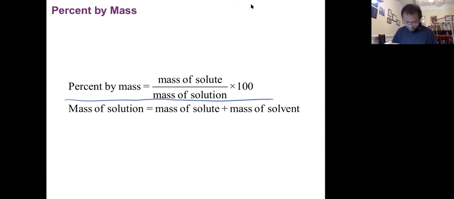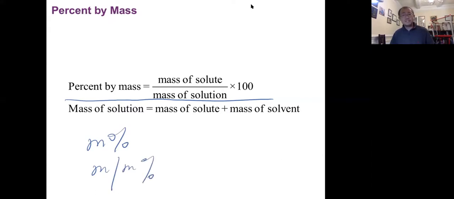From now on, all the calculation in this chapter is related to that statement. The mass of the solute over the mass of the solution is called the mass percentage or mass percent. Sometimes we use this symbol, m followed by percent, to mean mass percent, or you will see mass over m, percent. Either way, it means the same thing.